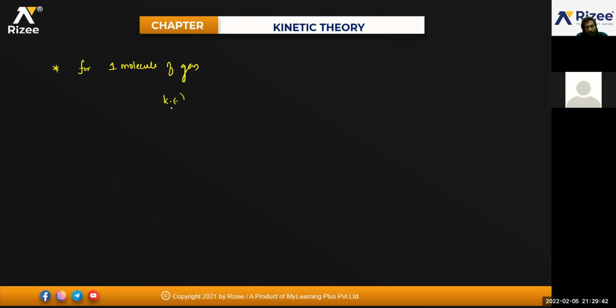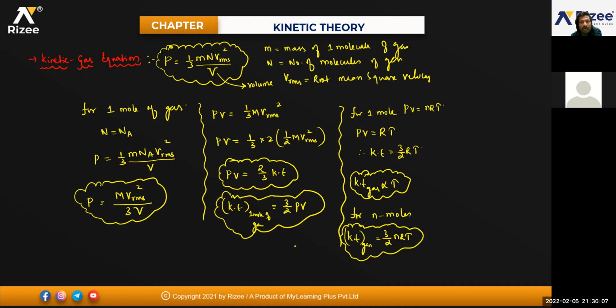So kinetic energy for one molecule will be equal to the kinetic energy due to 1 mole divided by the Avogadro number. That means kinetic energy of one molecule, how much did we get right now?